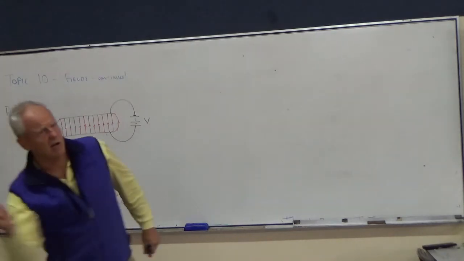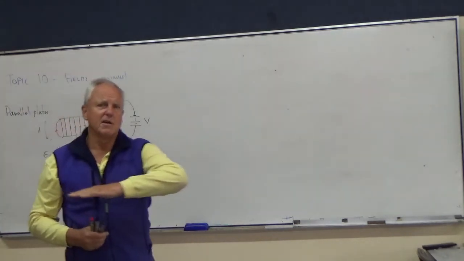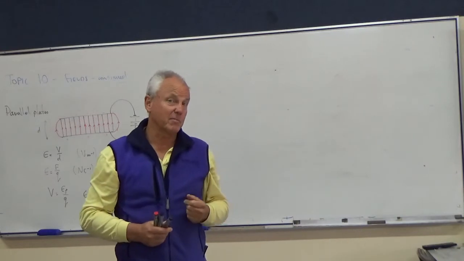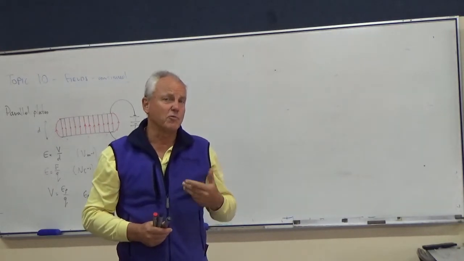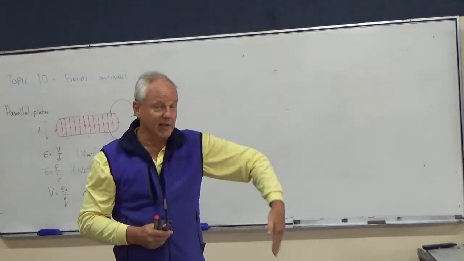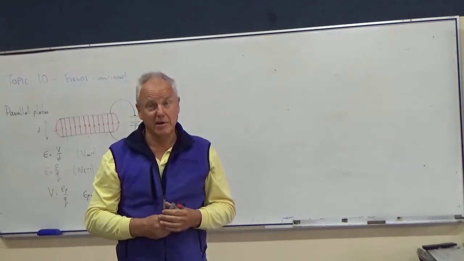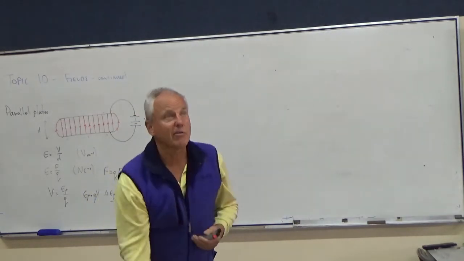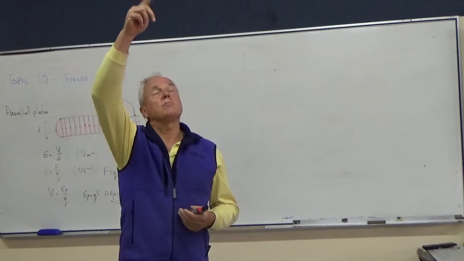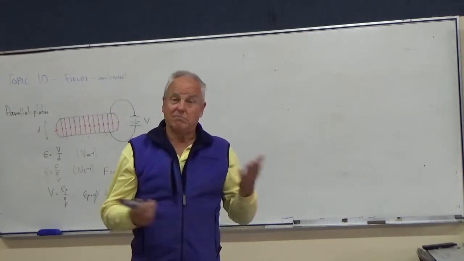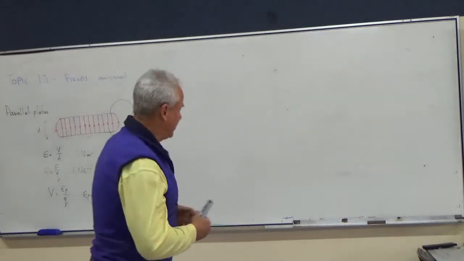If I throw a stone horizontally off a cliff, it follows a parabolic path because there's a force acting on it. The force is always constant and in the one direction. If I throw something up, it goes up and stops and comes back down. Same thing's going to happen between parallel plates.